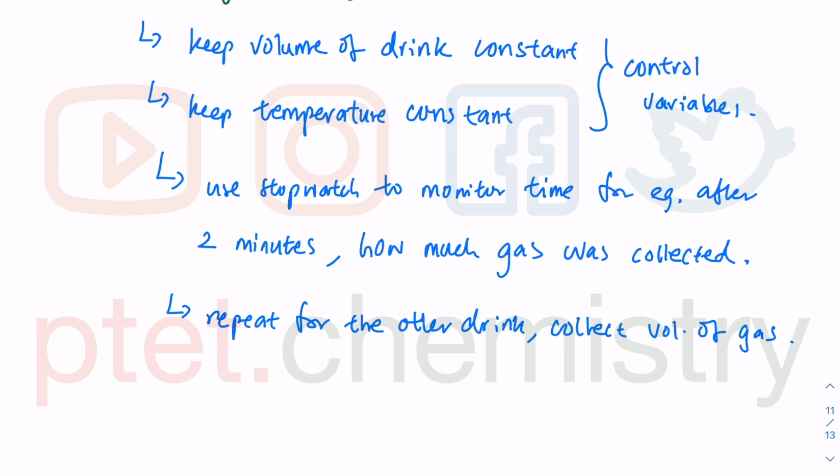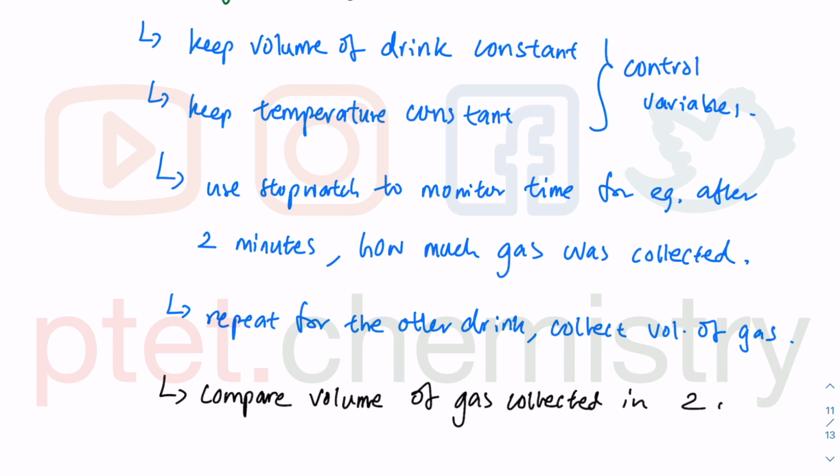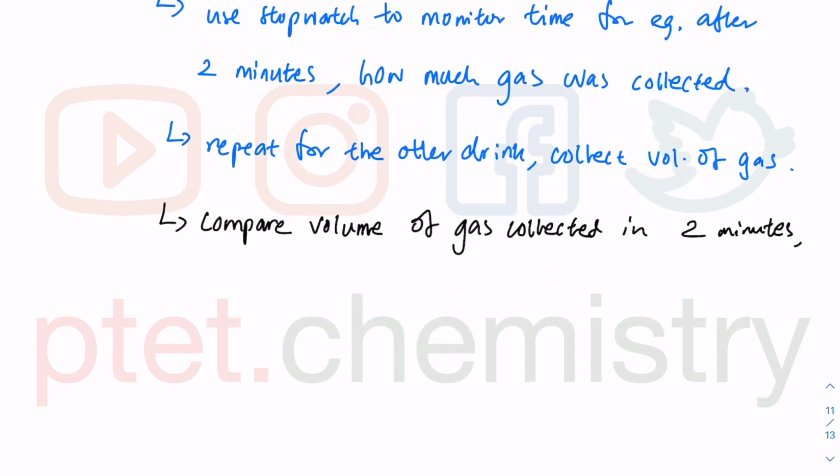And then we compare, because the last bit is about comparison. Compare the volume of gas collected in the fixed time. So collected in, let's say, 2 minutes, as I mentioned earlier, can be 2 or 3 minutes, up to you, but it has to be a fixed time for both drinks.